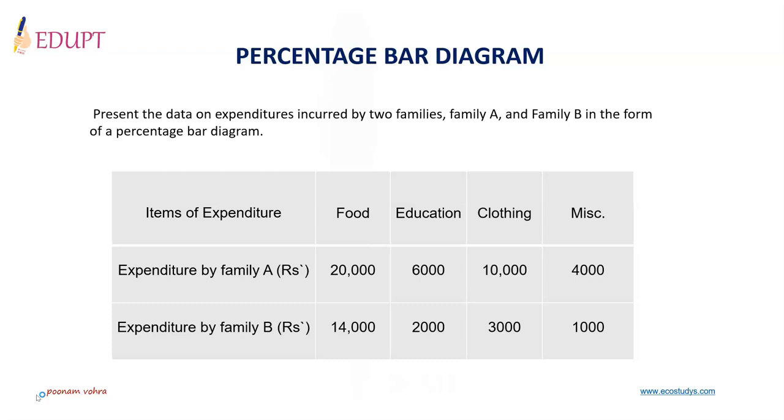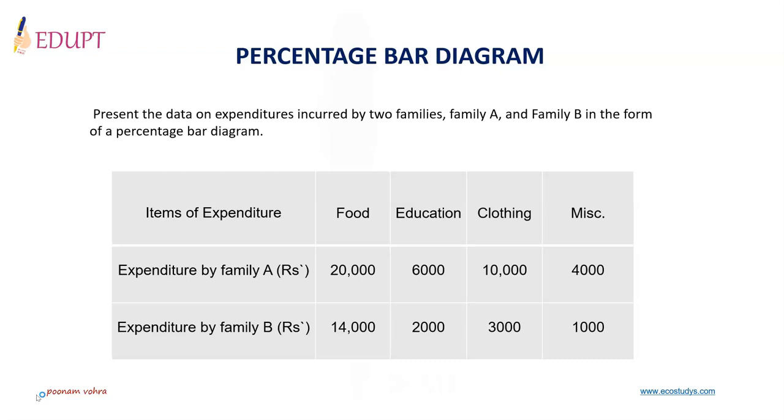Expenditure by family A on food is 20,000, whereas by family B it is 14,000. On education, family A spends 6,000, whereas family B spends 2,000. On clothing, family A spends 10,000 and family B spends 3,000. Miscellaneous expenditure is 4,000 so far as family A is concerned, and is 1,000 for family B.